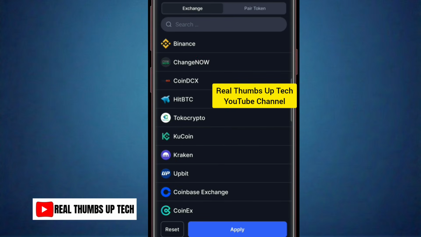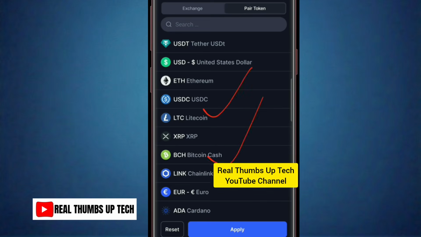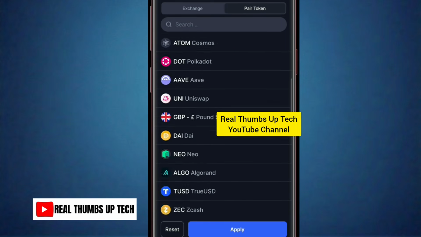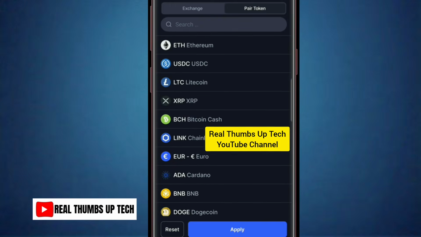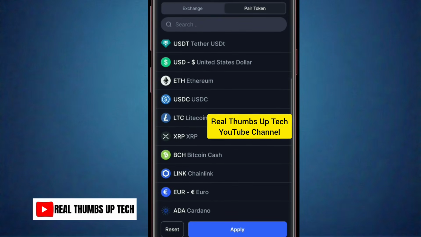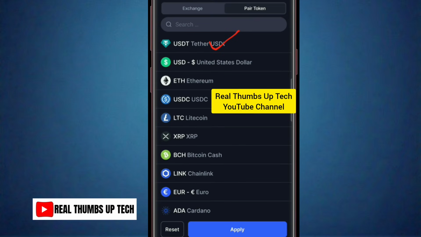Then you can go back to pair token and tell them to show you the ones paired with USDT, if BTC USDT is the one you want to trade on, understand? So you select USDT, but you can decide to use another combination of your choice. If you want them to pair BTC with any of these, you can select it. But for me, I want them to display just the ones paired with USDT.